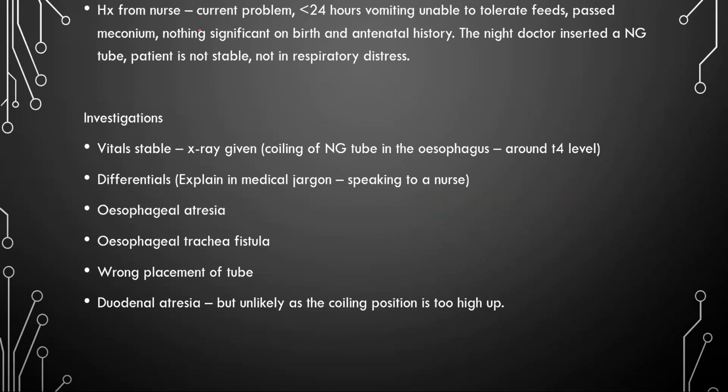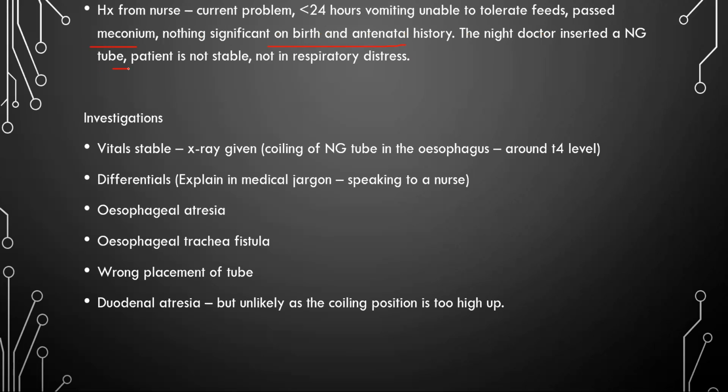So what is the history here? Less than 24 hours ago this child was born. Most likely it was a vaginal delivery. There was no complication. The child is vomiting after every feeding, unable to tolerate any feed, has passed meconium already, and there is nothing significant in the birth or antenatal history.